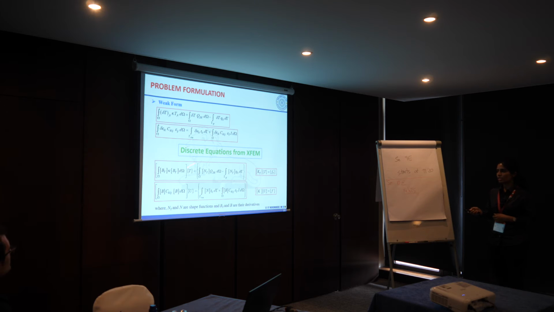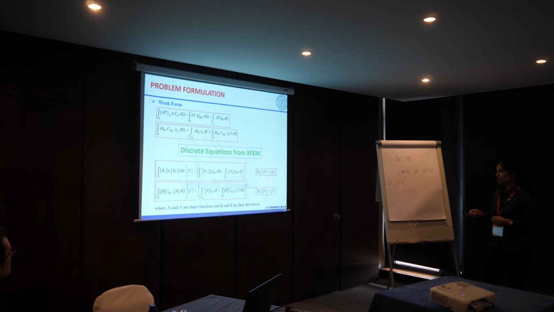Now these equations can be simplified in the form of K_TT equal to F_T and K_U equal to F. These are the two simplified equations which we need to solve to obtain the solutions for the temperature field around the dislocation and for the displacement fields within the material around dislocations.